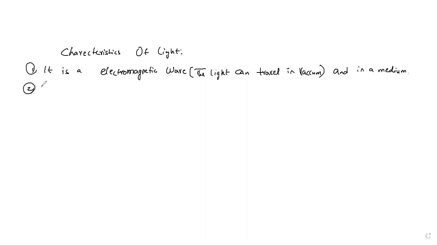So now let's see the second point, the speed of light in vacuum. हवा के अंदर इसकी स्पीड क्या होती है? तो दैट इज 3 into 10 to the power of 8 meter per second.